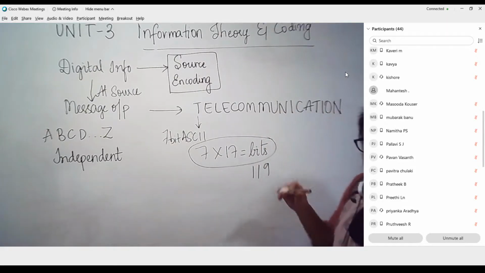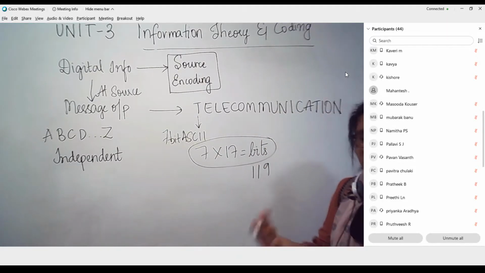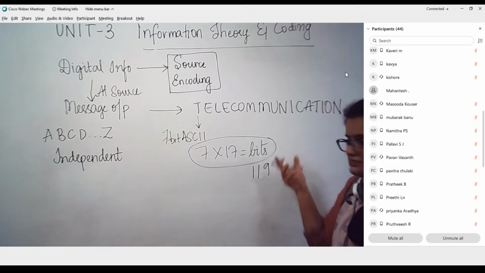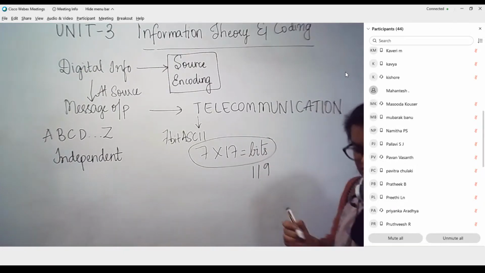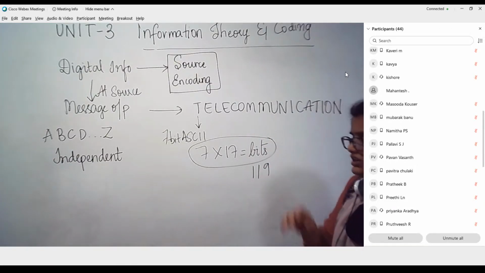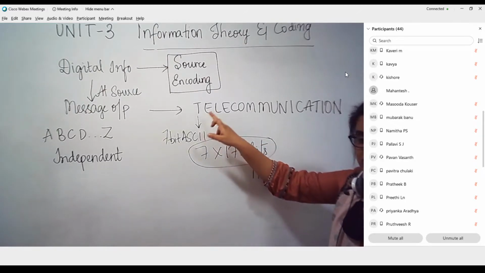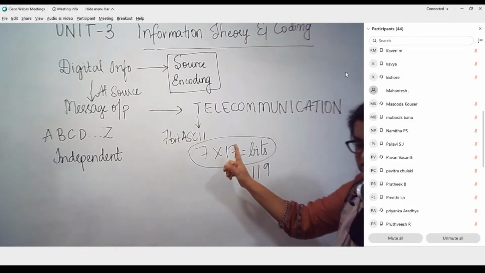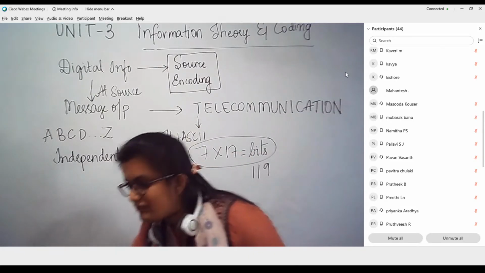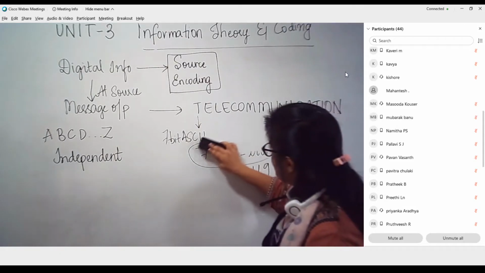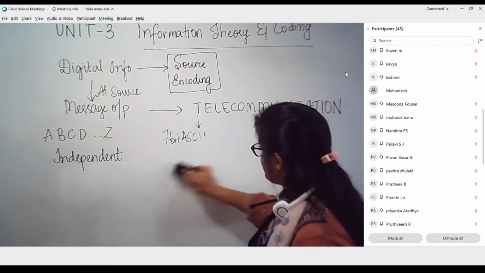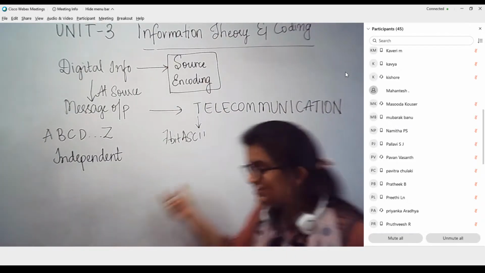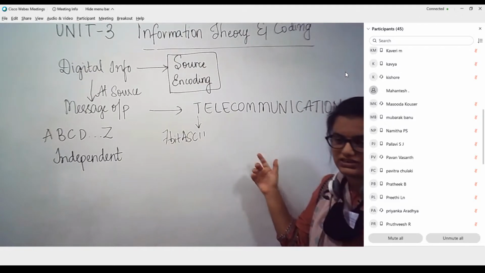Like that, certain alphabets are repeating themselves in the entire word. So in order not to give the same T with 7 bits each time, we can go with a coding which helps me in reducing the total length of the bits that are transmitted.